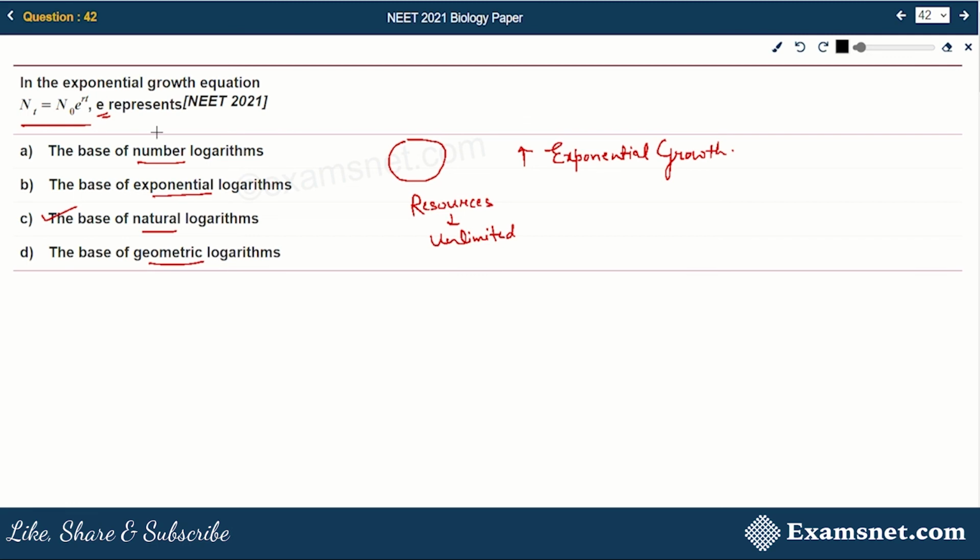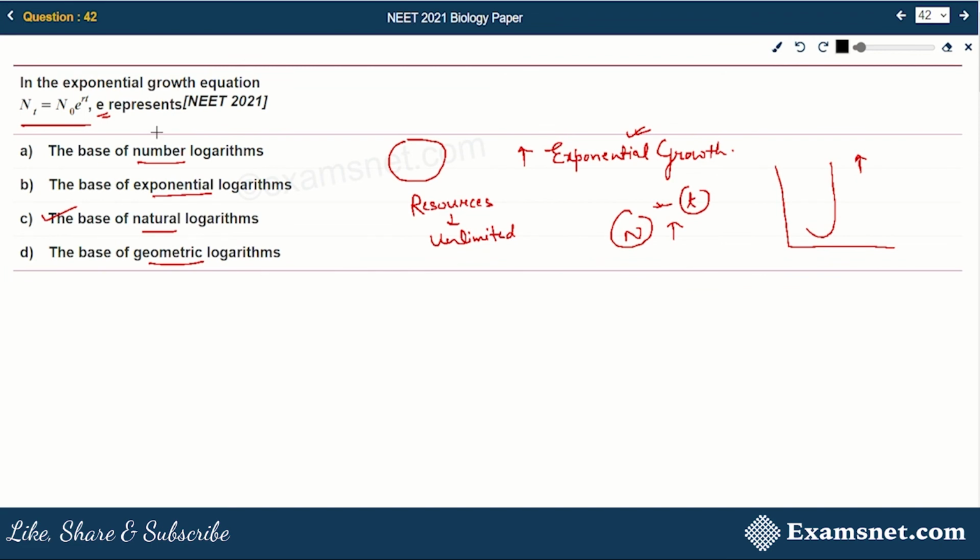Now suppose N is the size of a population, then this N will vary with time, right? And in case of exponential growth, what will happen? This N will keep on increasing, right? So if we have to plot a graph showing the relation of N with time, then it will give us a J-shaped curve which shows that the population is increasing continuously, right?